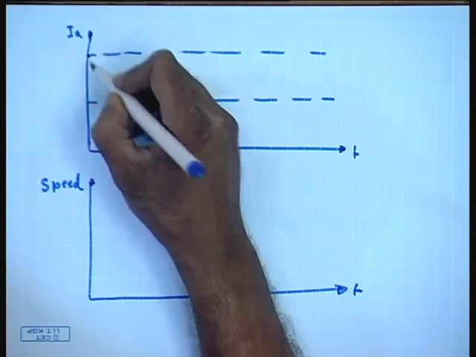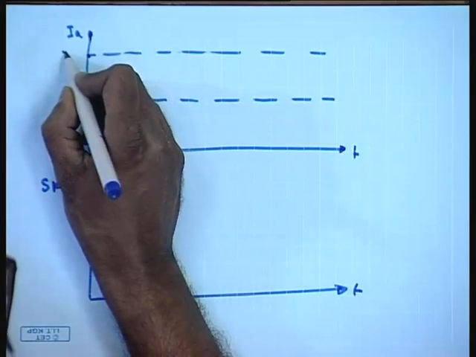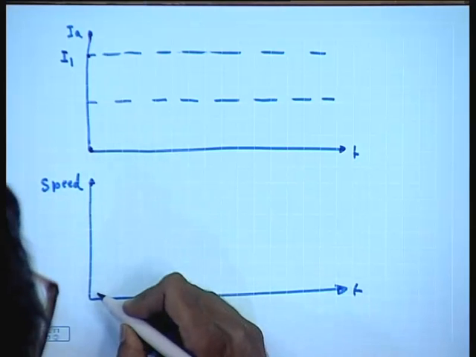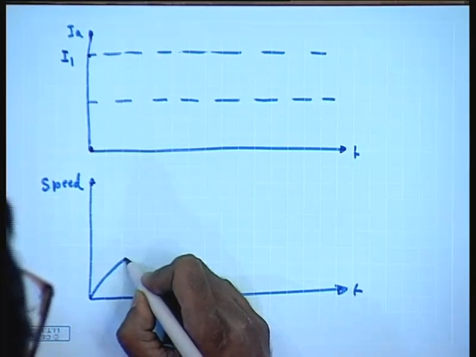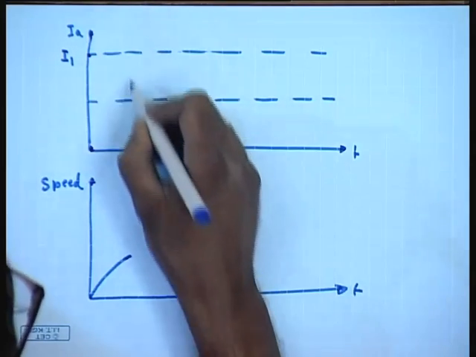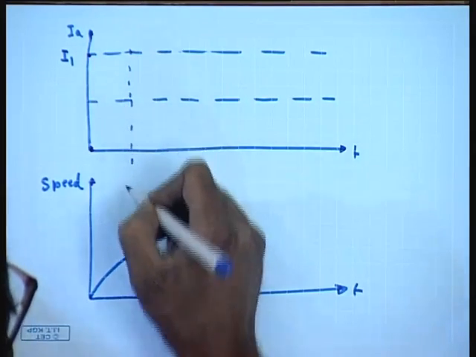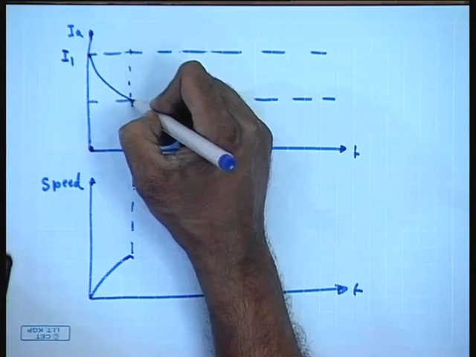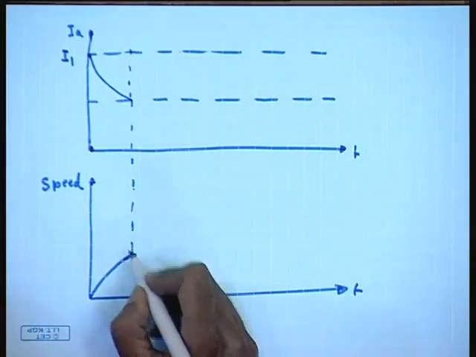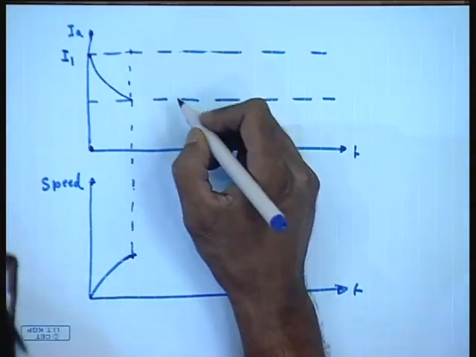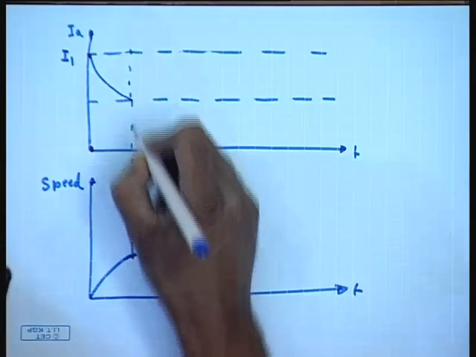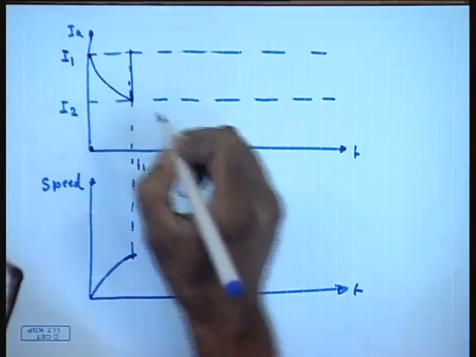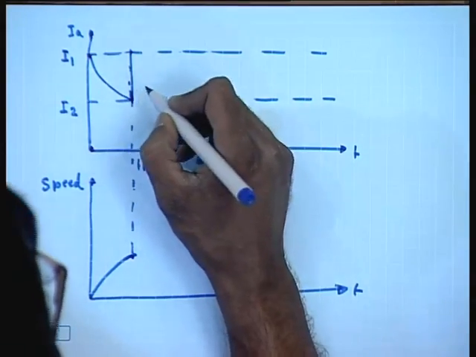So, initially when the machine is started, the current jumps to a value I1, the machine starts accelerating. As the machine accelerates, the current drops, and at this point let us say the first contactor C1 is closed. And let us say by that time the current has dropped to a level of I2.